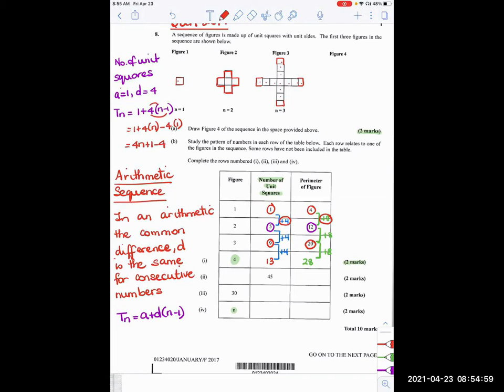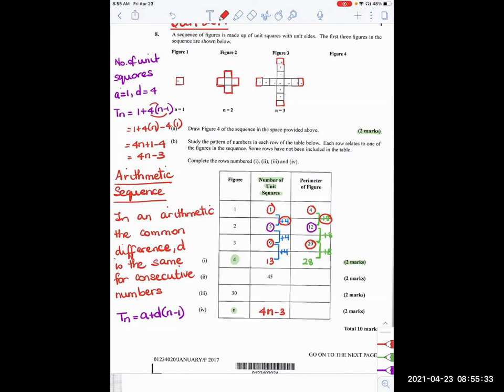Now, 1 minus 4. If you don't know 1 minus 4, take out the calculator and work it out. When we are subtracting numbers and one is positive and one is negative, we keep the sign of the larger number and we subtract. So 4 take away 1 is 3, and the 4 has a negative sign. So this is 4n minus 3. So for my formula here, you are supposed to have 4n minus 3.